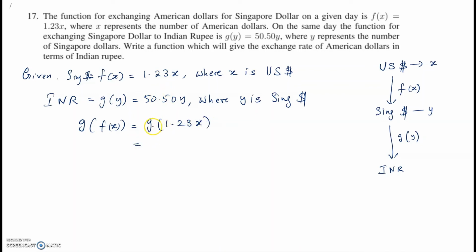So that's equal to, and g of y is 50.50 into 1.23x. So that is equal to 62.115x. So that's your conversion rate.